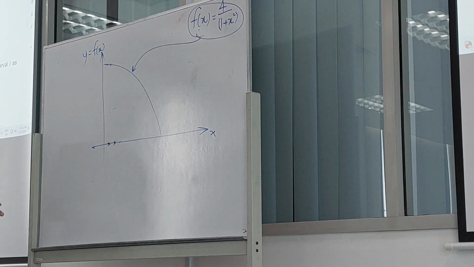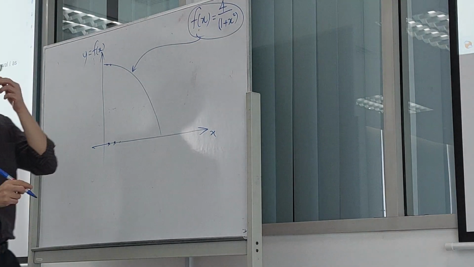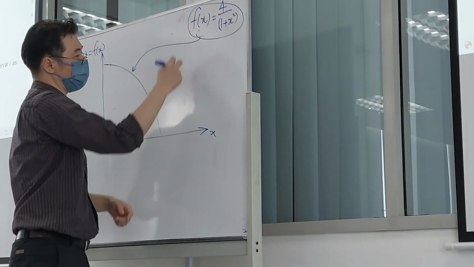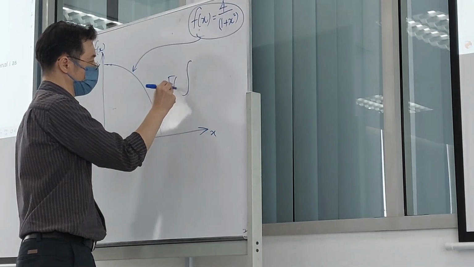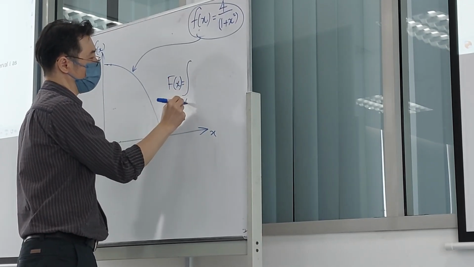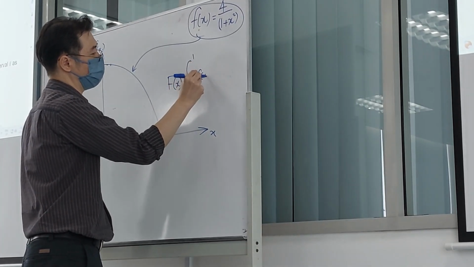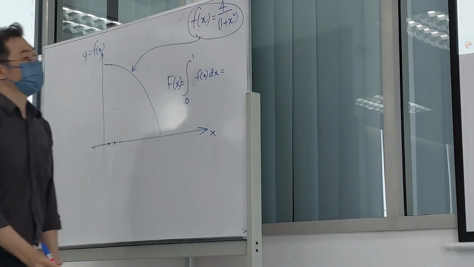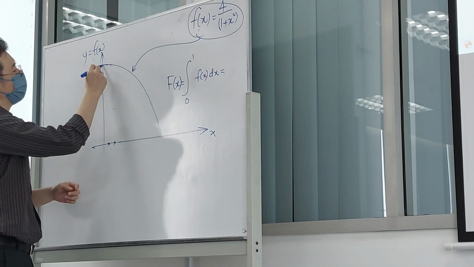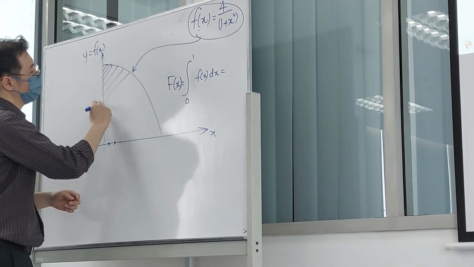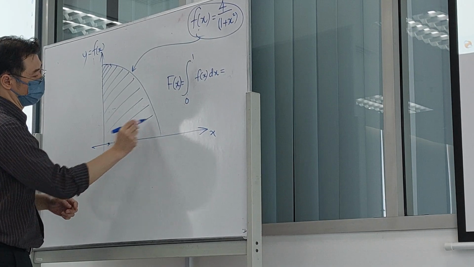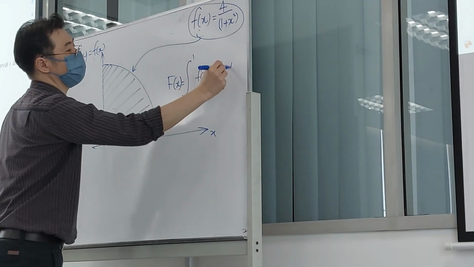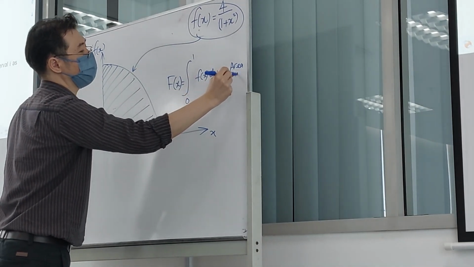Okay? Alright. Now, when you integrate this function, this is the f of x. If we integrate from 0 to 1, this small f of x, dx, alright? You're basically doing this. You are finding the area underneath it. Okay, so this is the area under the curve.